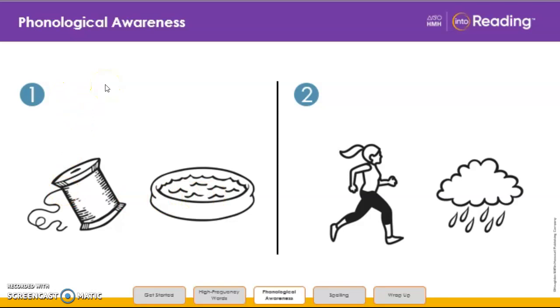So, spool. What's that word? Spool, like a spool of thread. Great. Let's look in the next box, number 2. Ain. What's the word? Rain.